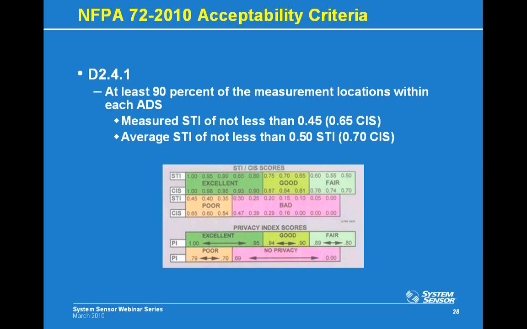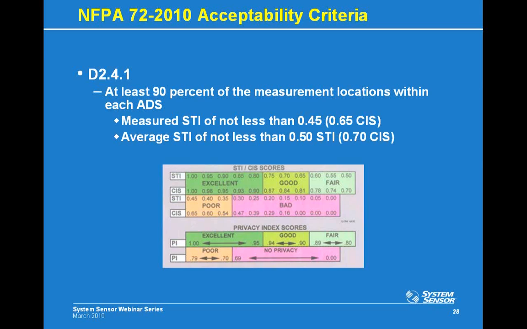When looking at the required scores that must be achieved, it's important to note that these requirements fall on the lower end of the intelligibility scale. As you can see, an STI score of 0.45 actually falls in the poor range, and so obviously they're not asking you to have the best intelligibility that is available.